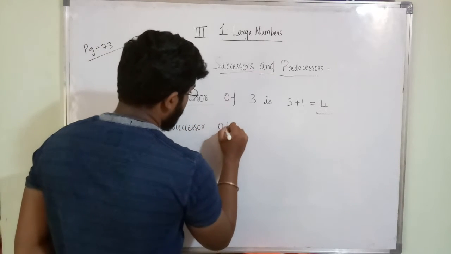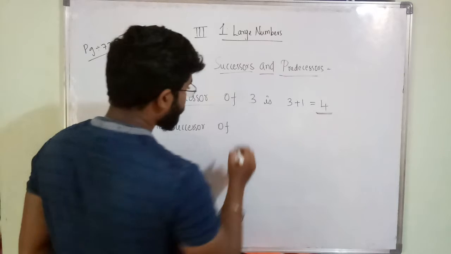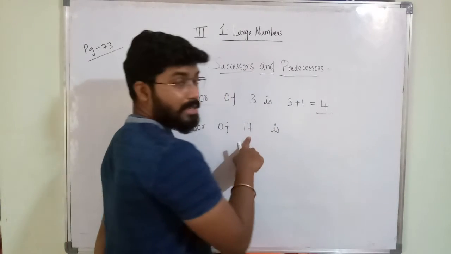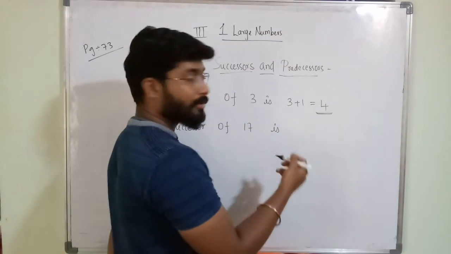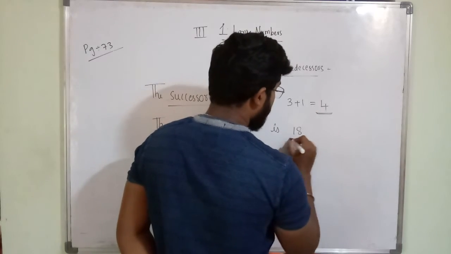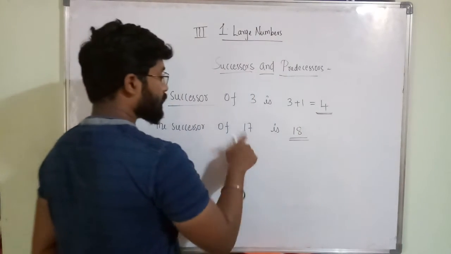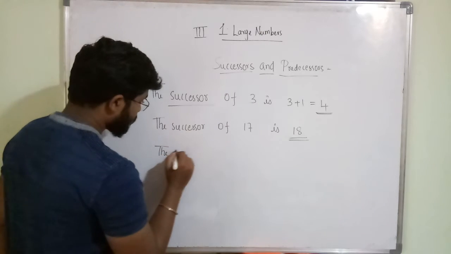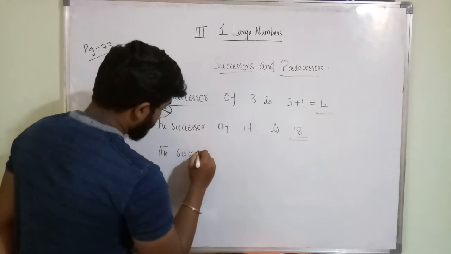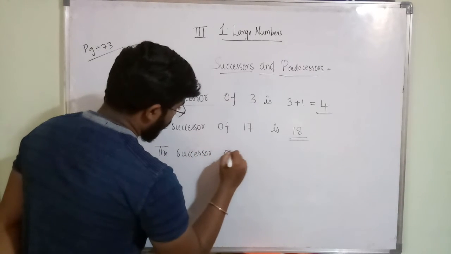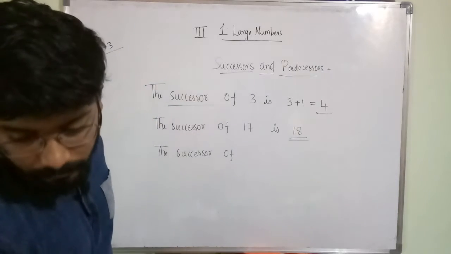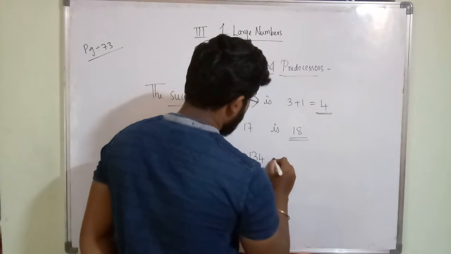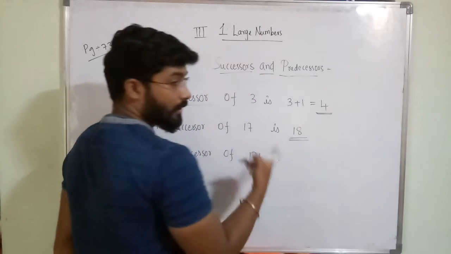Like that, the successor of 17 is, after 17 + 1, what you will get? 18. So 18 is the successor of 17. Clear? In the next one, the successor of 134 is, so after 134, what you will get?